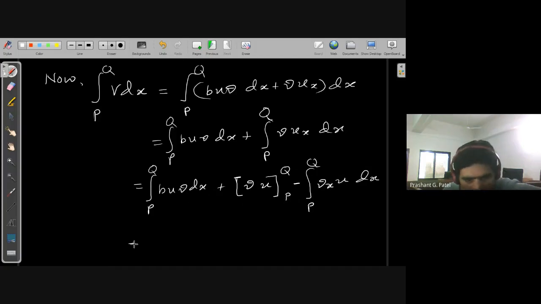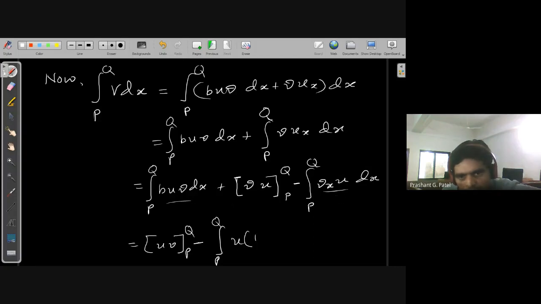So this will give me u into v from P to Q, minus the integration from P to Q. If you combine this one and this one, you see that u is common from these two quantities. You will have u into dv minus vx dx. So this is the thing we got.